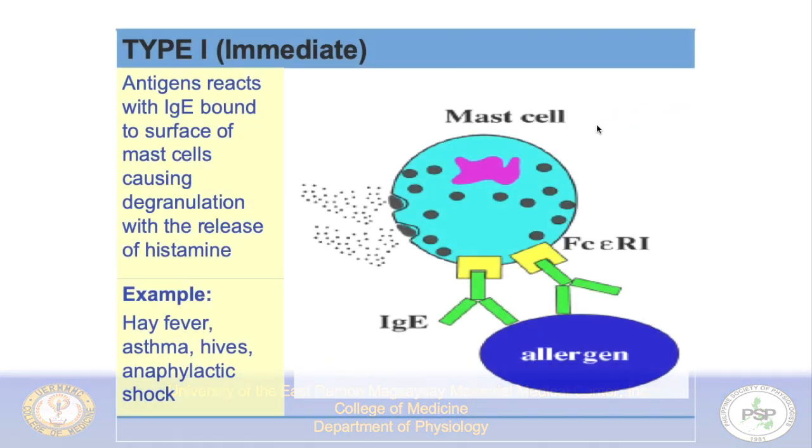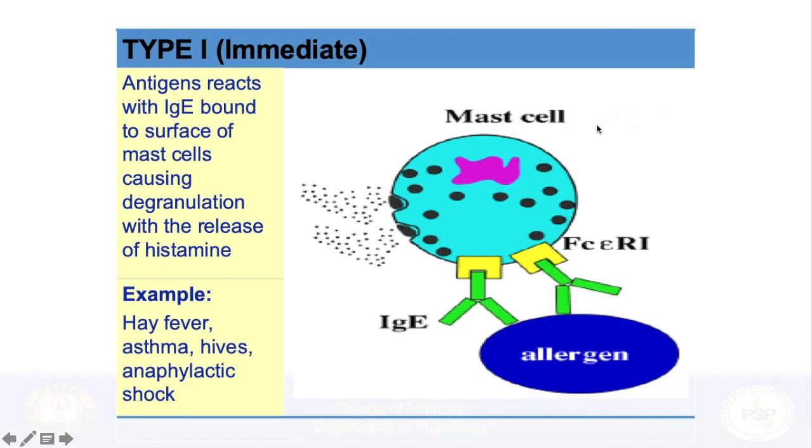Now, there are 4 types of hypersensitivity reactions. So the type 1, this is termed as immediate, meaning to say upon exposure to the allergen, you have the symptoms immediately. And this is mediated by IgE. Take note, this is your IgE-mediated hypersensitivity, wherein you have the allergen, which binds to the IgE, and then the IgE is recognized by the mast cell through the Fc portion.